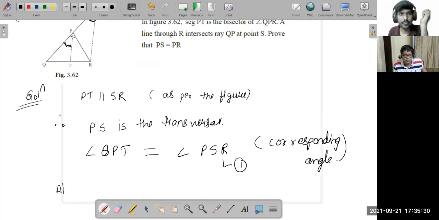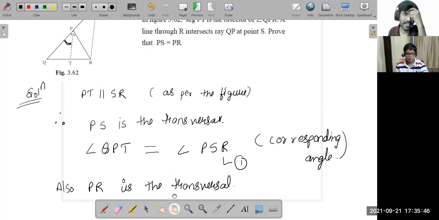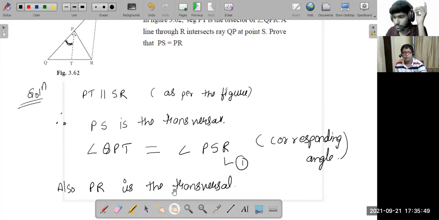Also, PR is a transversal. Now, since PR is a transversal, look in the figure: this angle here, that is TPR, and this angle here, PRS. Sorry, I marked the wrong one at first.